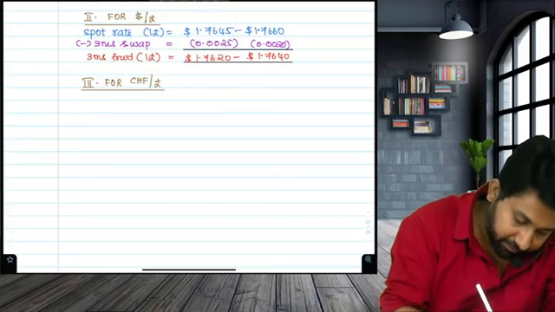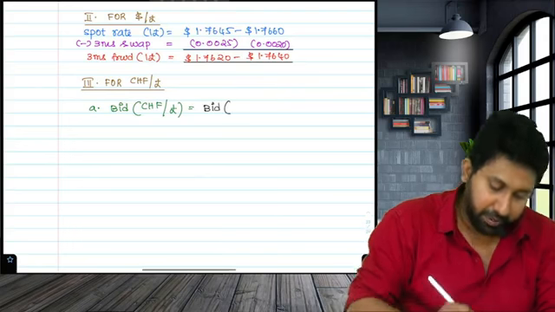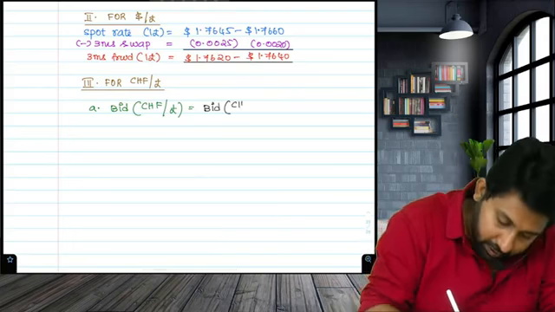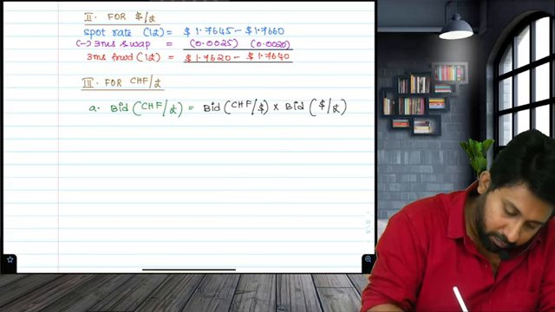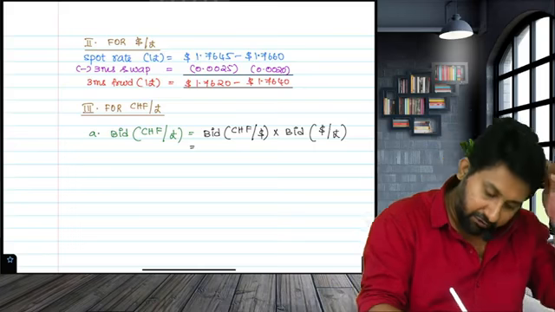First one: bid of CHF by pound equal to bid of CHF by dollar into bid of dollar by pound, which equals, we want only the forward.